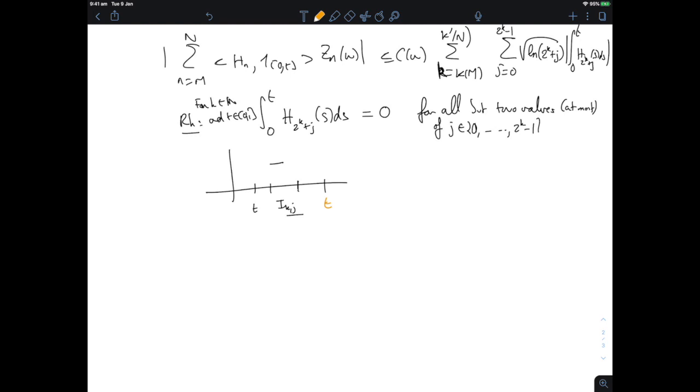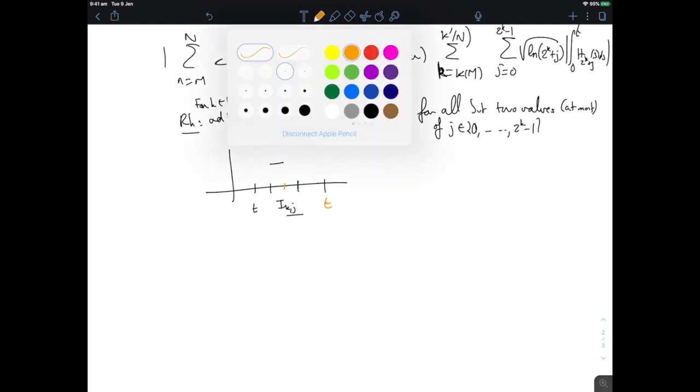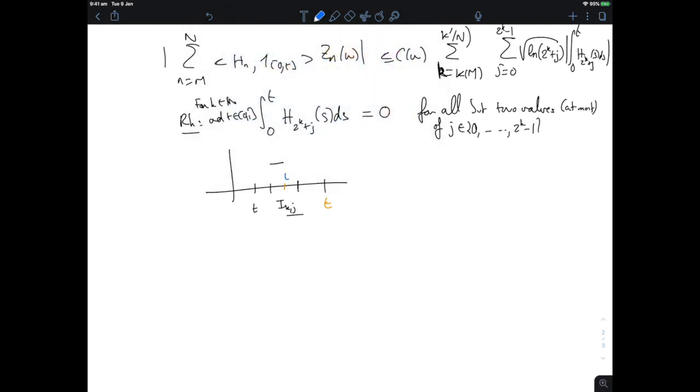So the only way that you can get something non-zero is if your t is exactly in that interval. Depending on your value of t, maybe it lands on the boundary of one interval. There's going to be, for fixed t, at most 2 values of j such that t is in the interval I_kj.